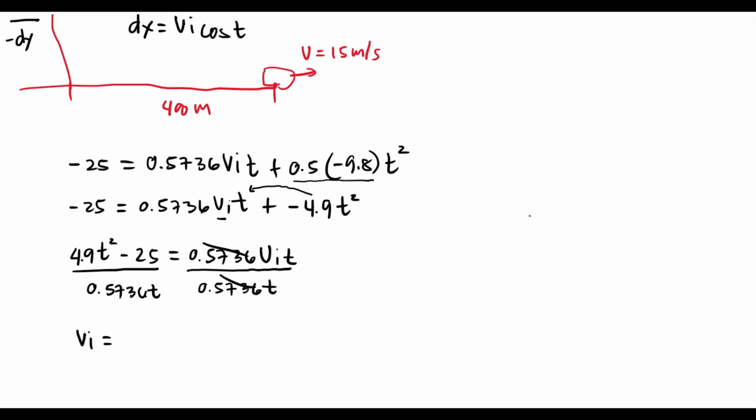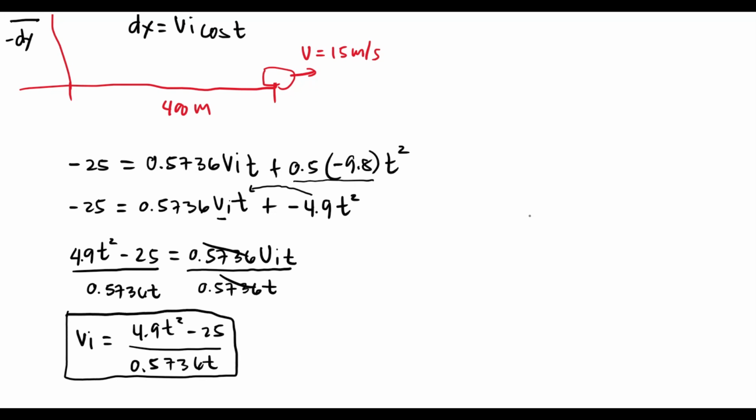Vi equals 4.9 times the time squared minus 25, over 0.5736 times the time. So we have now the value for the initial velocity. Then from this, we need to solve for the time.